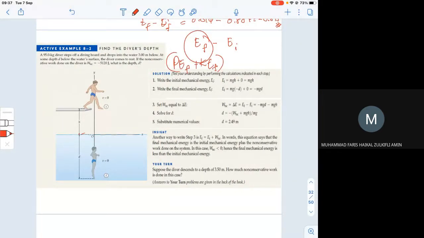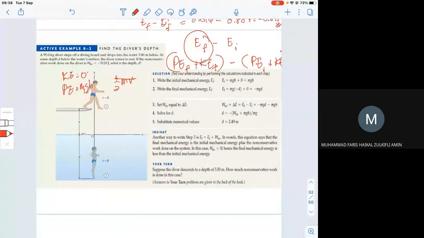Calculate it separately. Lepas tu, ditolakkan dengan PE initial plus KE initial. Kita calculate separately. So in this case, kalau kita tengok sebelum dia terjun, V not dia 0. So dekat sini half MV squared ataupun saya tulis KE lah. KE 0. PE dia ialah MGH.